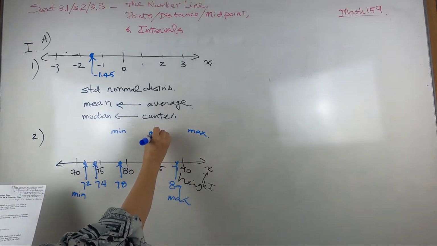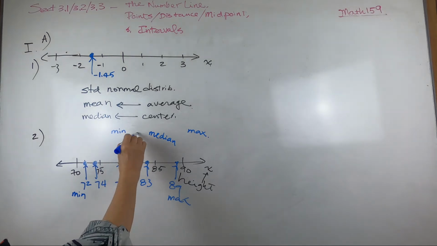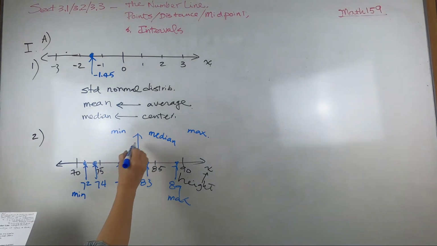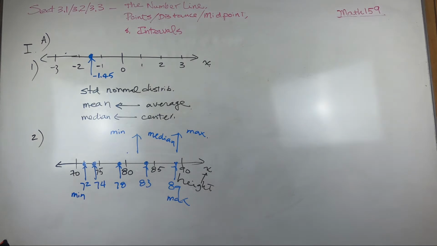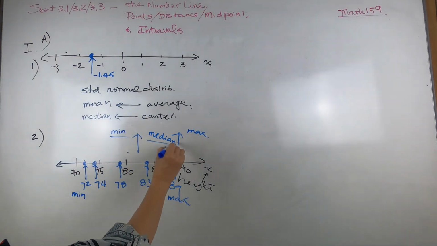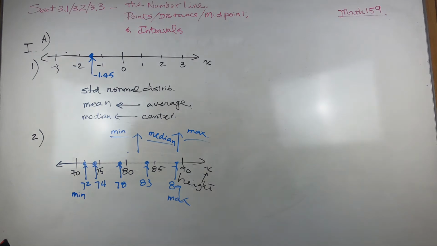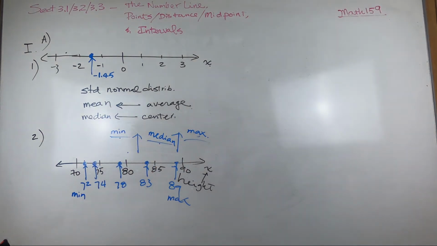Then in the middle, we will call it median, right? Then a quarter of it, we call first quartile. The third portion, we call it third quartile. You are going to figure out all those things later, right? We can figure out minimum, median, maximum right now.